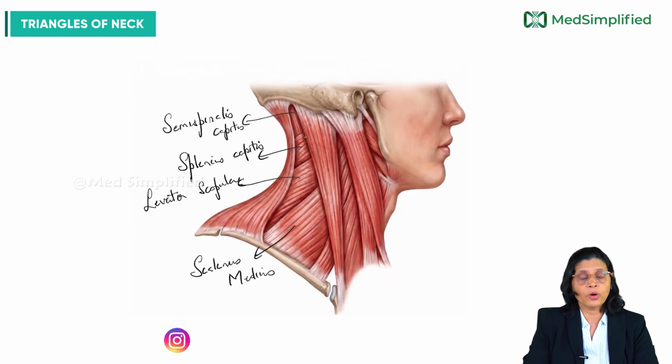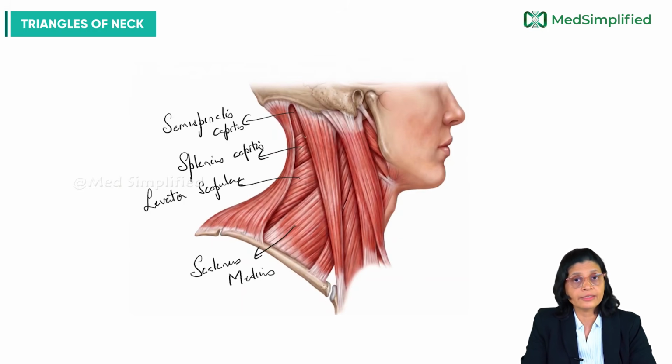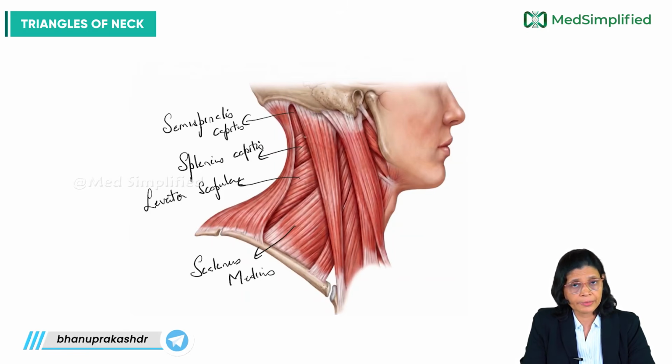This is important because in untreated cases of tuberculosis of the cervical vertebrae, there may be an abscess, and that abscess can collect beneath this fascia in the posterior triangle region. The same abscess can also be seen down in the axilla. How do we see it in the axilla?